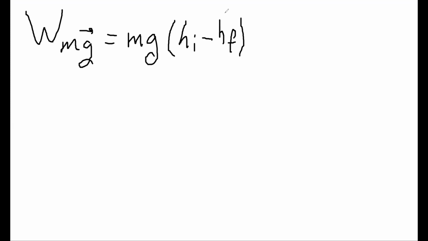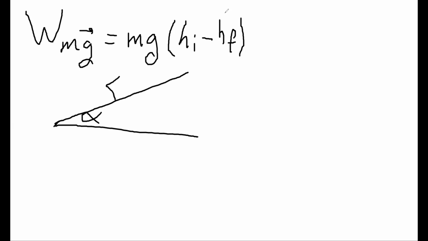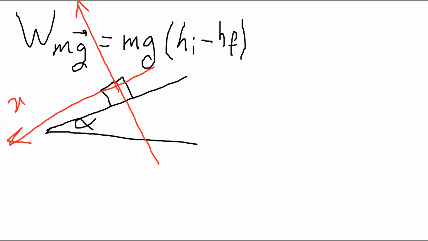For an object moving down an inclined plane, for example, this is an inclined plane. The inclined plane makes an angle alpha with the horizontal. This is the object. Now draw two axes, x-axis and y-axis. This is the x-axis, y-axis, and this is weight, mg.